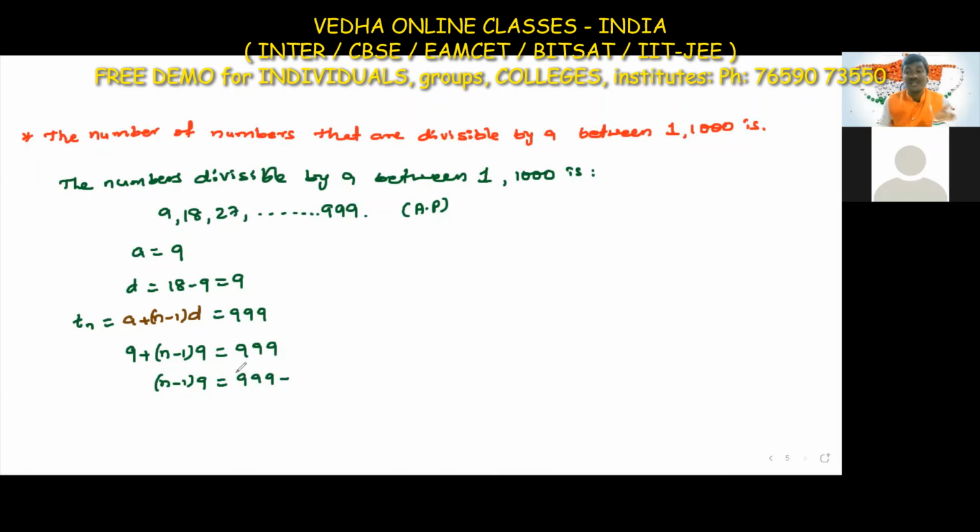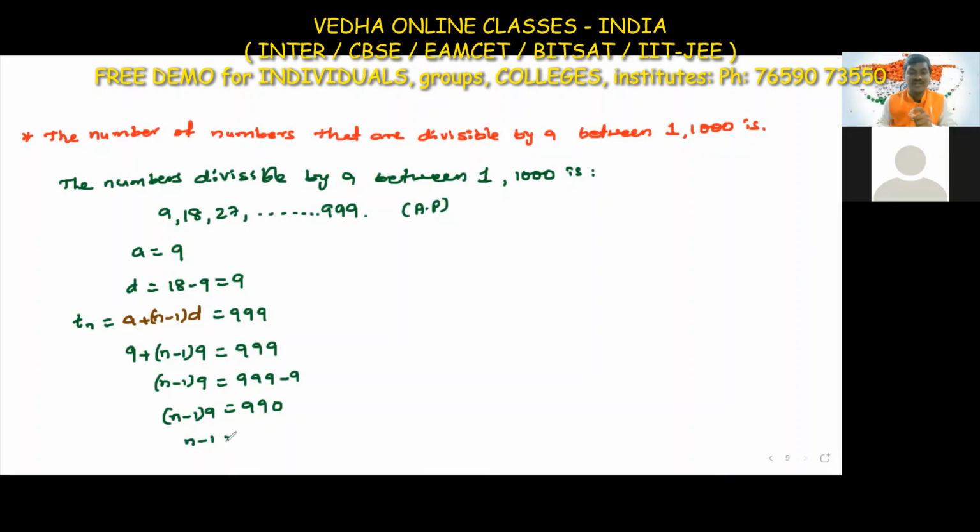Taking plus 9 to the right side, it becomes minus 9. 999 minus 9 is 990. So (n minus 1) into 9 is equal to 990.